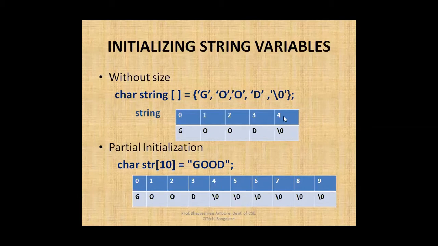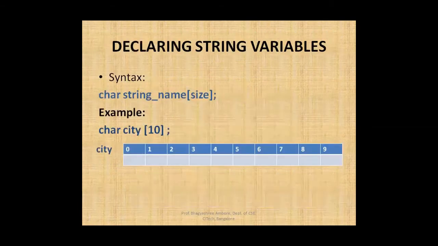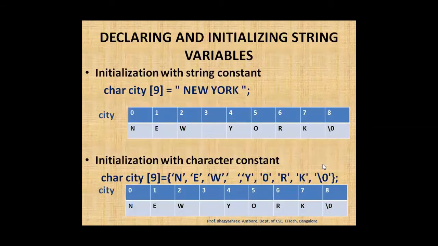I'll just go back. Once I do the declaration, it will create blank locations. Whatever size you say, that many blank locations will be created. These blank locations can be filled while declaring itself. The first one is initialization with a string constant.